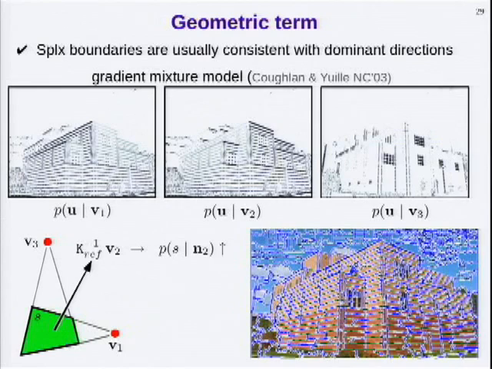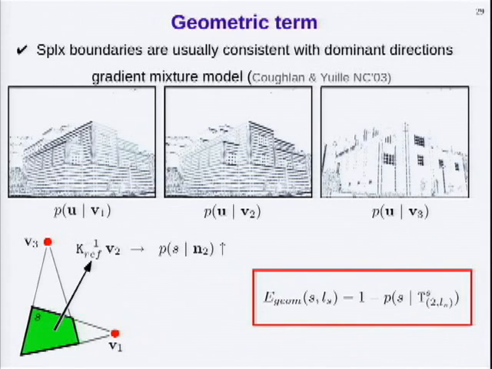Then, if we assume we have three orthogonal directions in our scene, it is very likely that such a superpixel will be perpendicular to the second normal, which we already know, and then the probability of the superpixel being aligned with the second normal will be very high, which actually motivated our geometric term. So for this particular superpixel, the term will be 0 because we want to force the solver to prefer the label corresponding to the second normal.